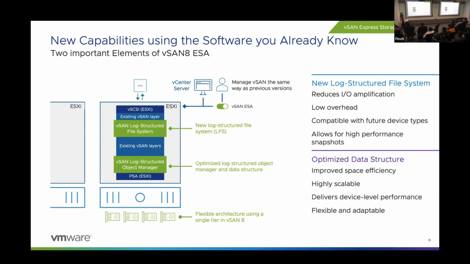We used to have the object manager, if you are aware of vSAN. That is now in an improved IO engine with an optimized data structure, which helps in storing the data in a much faster way. We'll look into both of them in more detail in the next slides.